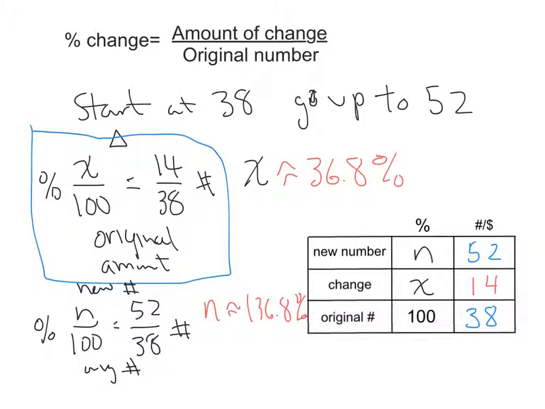Now, once you got 136.8% as the new number on the percent side, that allows you to say, oh, well, we went from 100, which is always the starting percent, up to 136.8, which is the new percent, which means we went up 36.8% to get to the new percent.